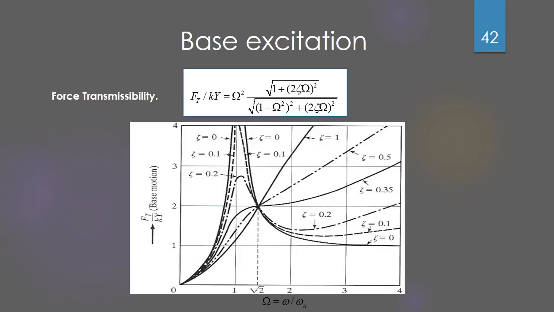Force transmissibility depends on the damping ratio, and also depends on the frequency ratio. As we can see in the chart, at a frequency ratio of the square root of 2, the force transmitted to the base is always doubled.